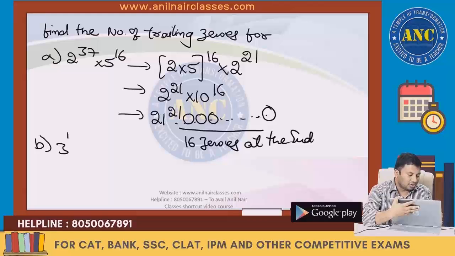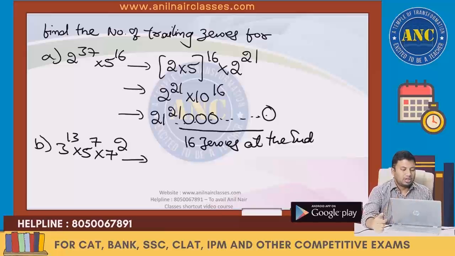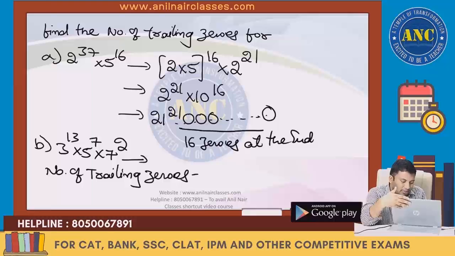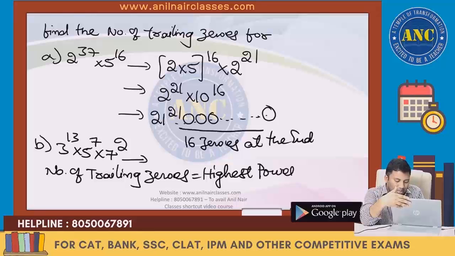Another question: 3 power 13 into 5 power 7 into 7 power 2. Number of trailing zeros. The number of trailing zeros is nothing but the highest power of 10 power k.